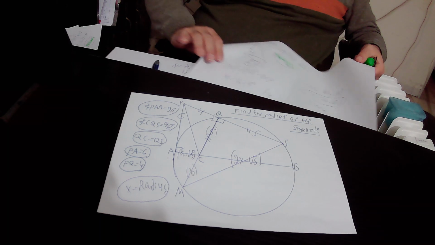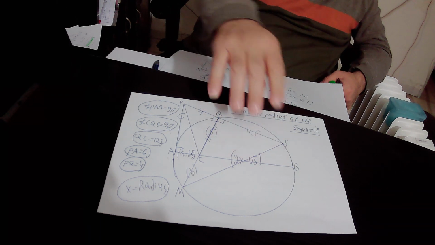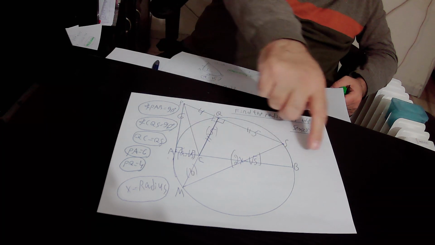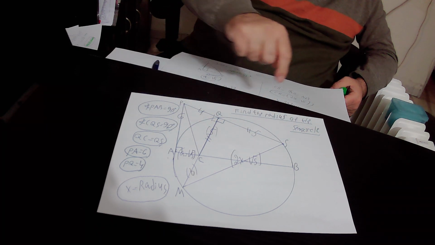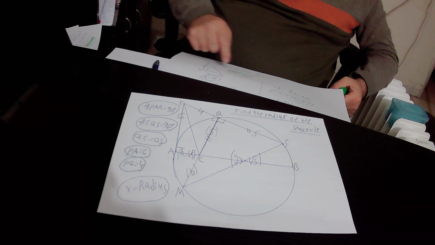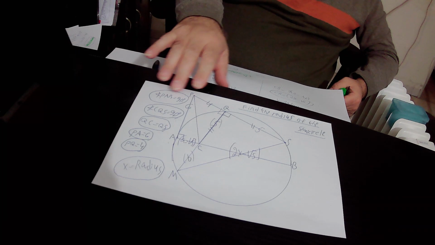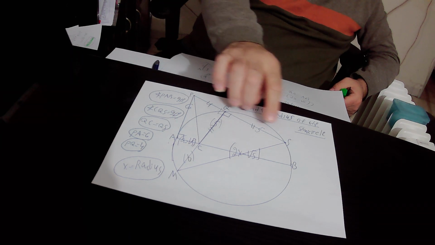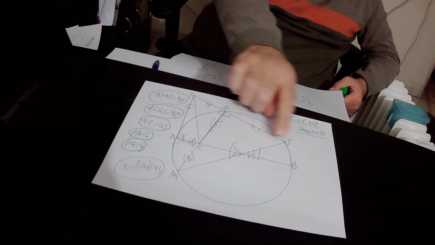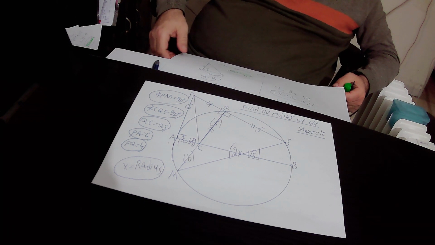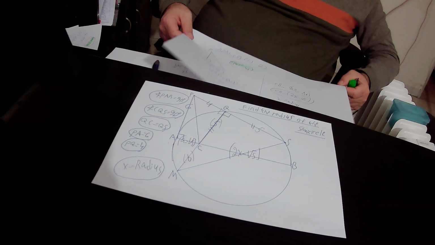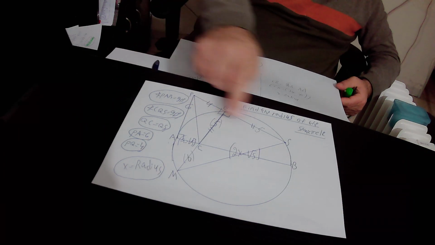We know that this is a semicircle, and because this is a semicircle, AB must be the diameter of this semicircle. If we define the radius of this semicircle as x, then the diameter must be equal to 2x. So AB, that is the diameter, equals 2x.